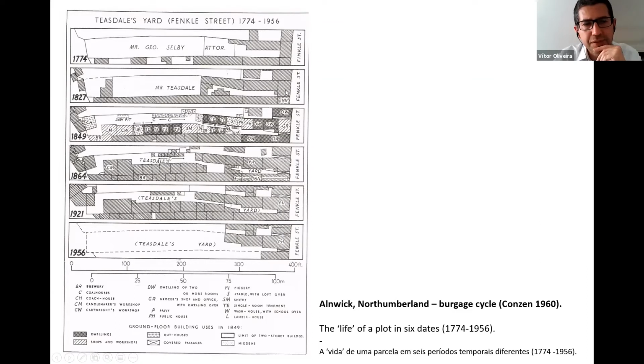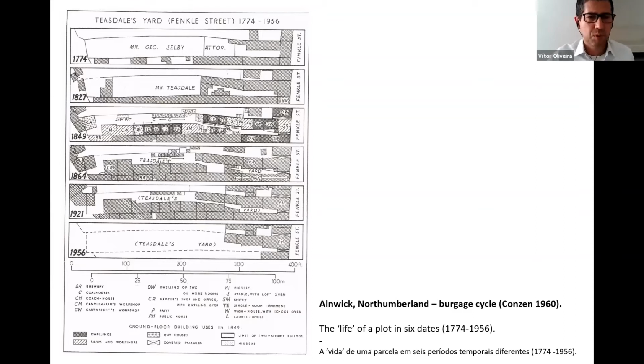And after a certain date, which is in the map of 1849, we see that the plot is full of small houses, houses for the working class, houses that were very small and precarious, and that were built to accommodate the population that was coming into cities and towns, mainly driven by the industrialization.